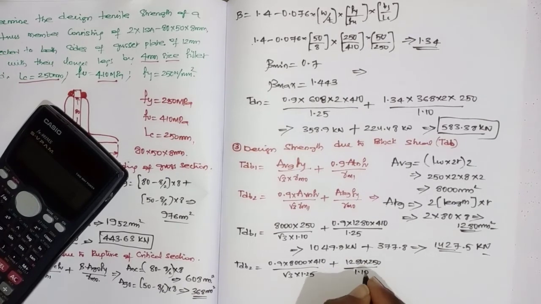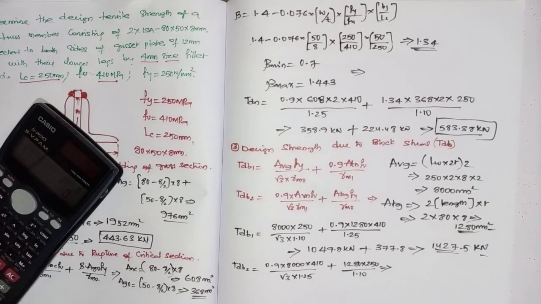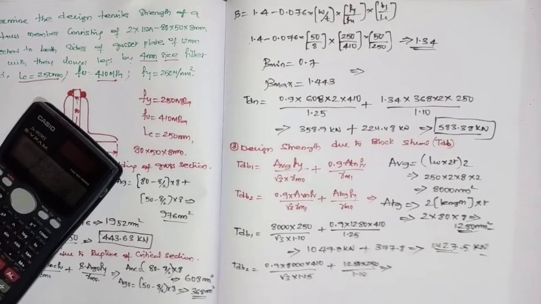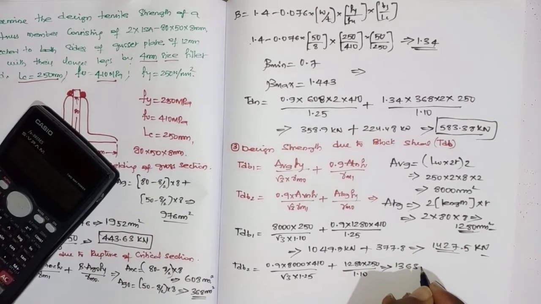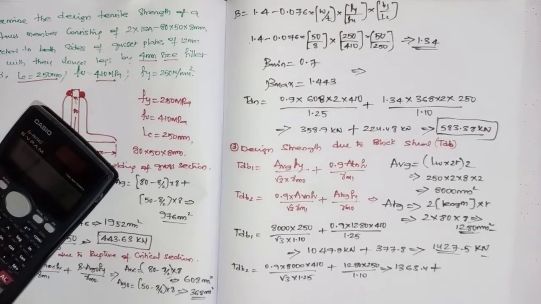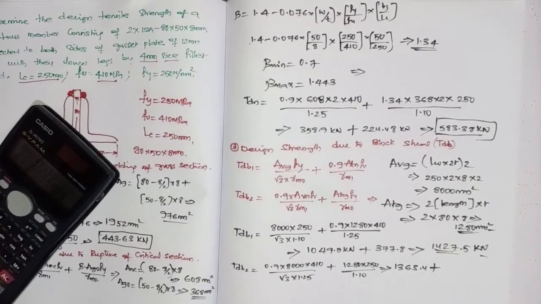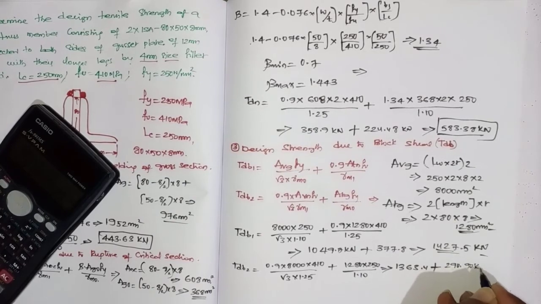It is 1.10. 1363.4 kilonewtons, plus this one, 1280 into 250, so 290.90 kilonewtons.